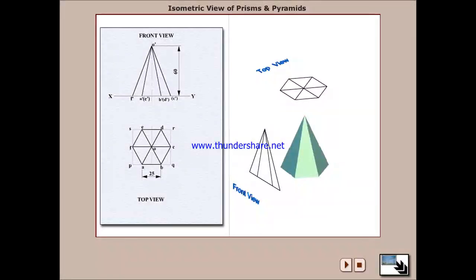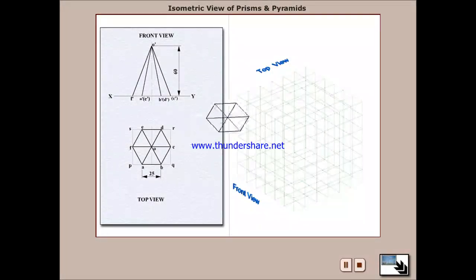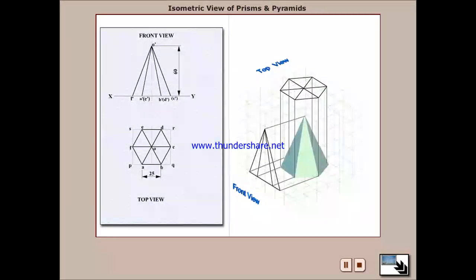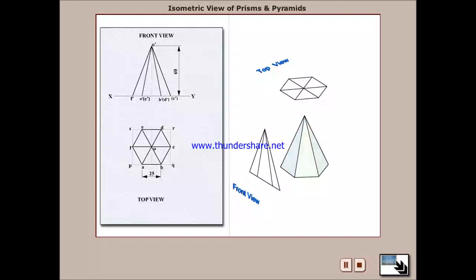This is the front view and top view available, and with this simple concept you may analyze a physical appearing view like this in isometric representation, the isometric view, from the top view and front view which are available.